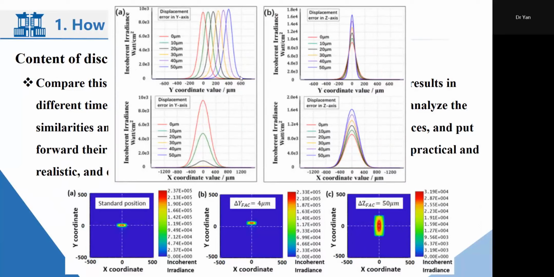For this one here, when the displacement increases, the irradiance goes up and gets bigger. But for this result right here, when the displacement is getting bigger, the irradiance is getting smaller.